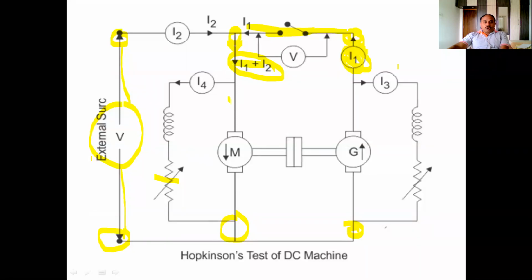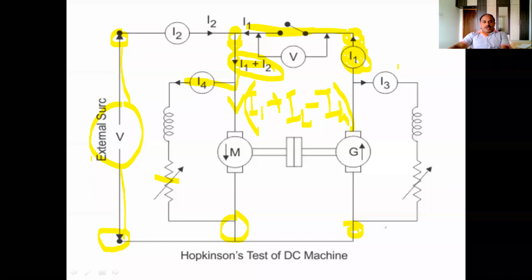If you want the armature copper loss only, that is I1 plus I2 minus I4, because some current is taken by the field. That is I4, which is subtracted from the total current taken by the motor.